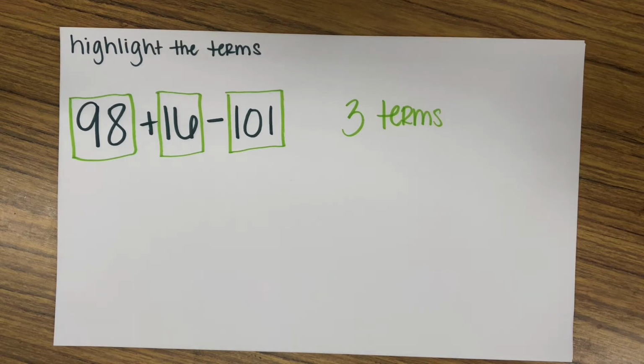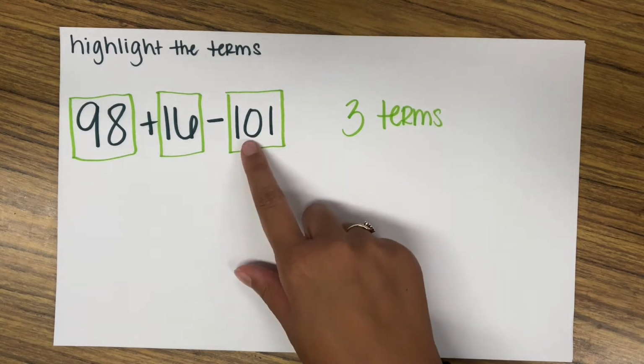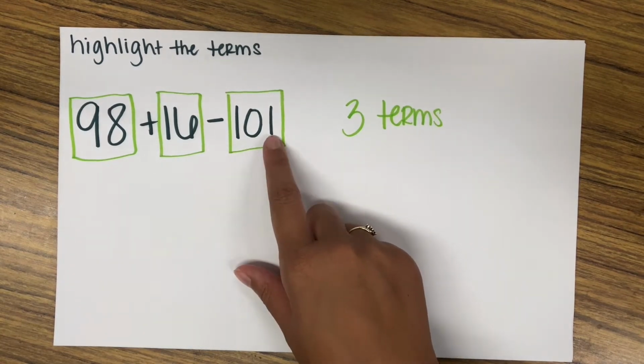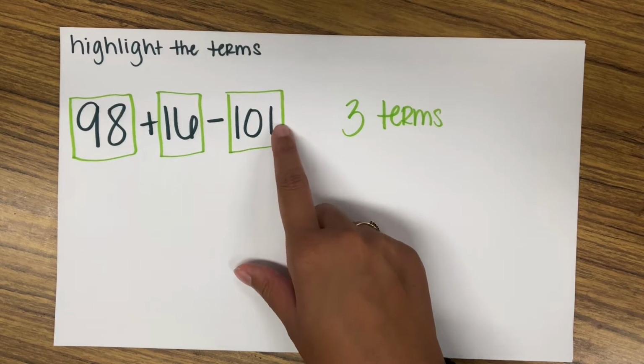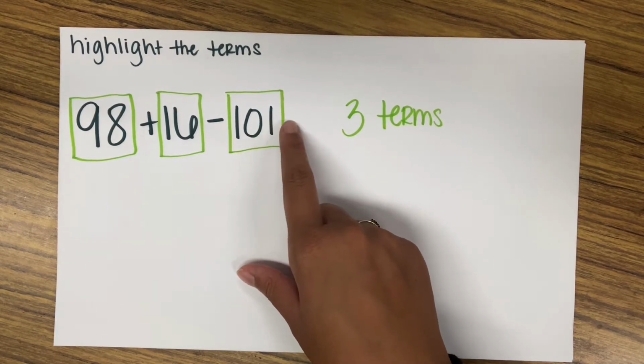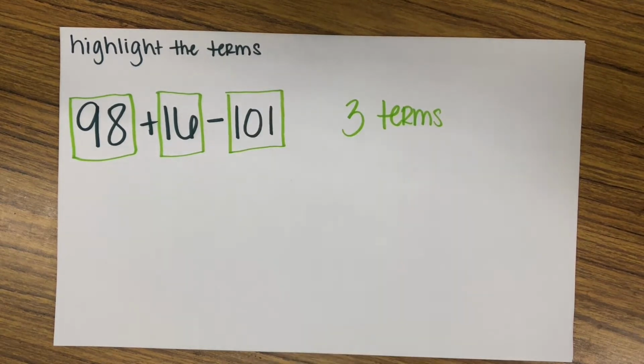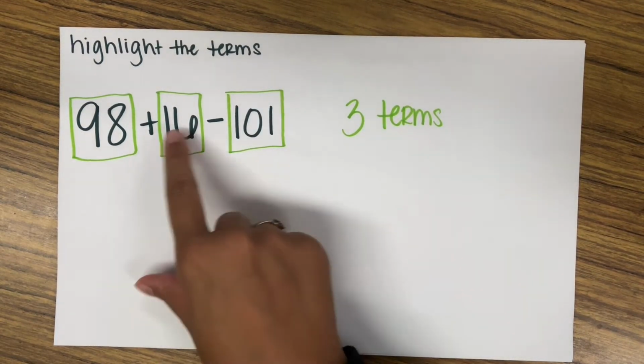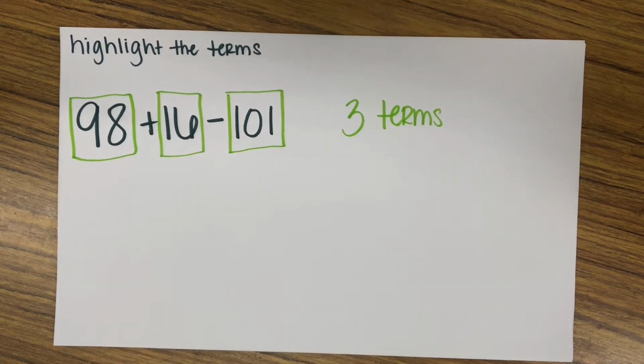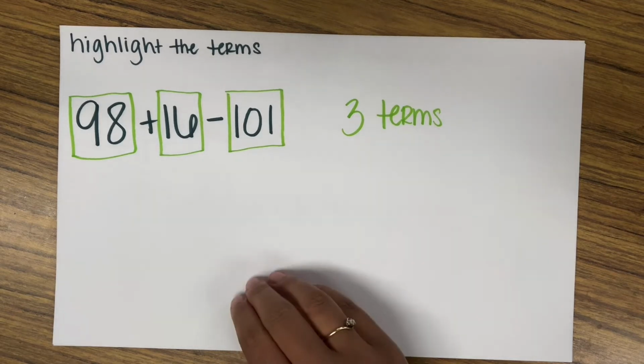The book does specifically say that a term is only separated by an addition or a subtraction sign, which means if I had this written as 101z, so it was a number multiplied by a variable, that together is its own term. It has to be separated by either an addition or a subtraction sign. Okay.